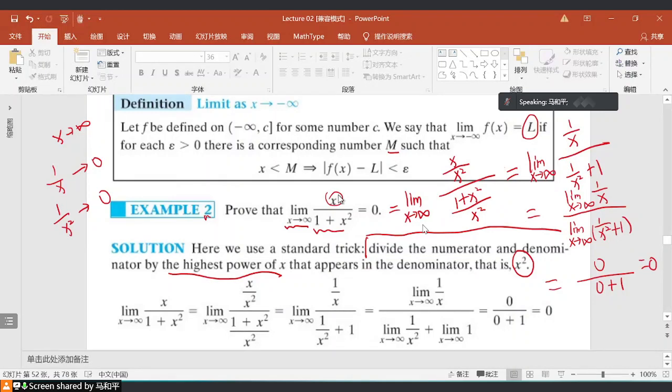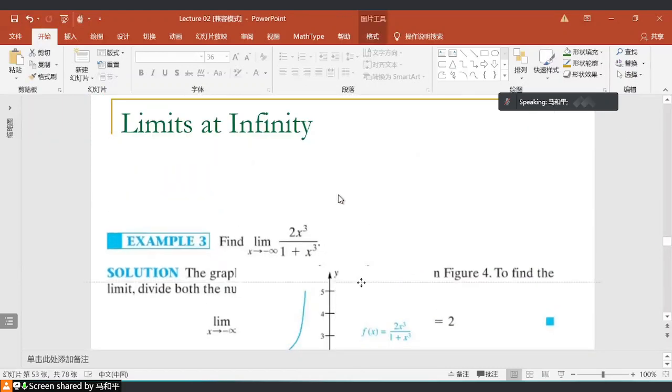If you find the highest power is x squared, just divide the numerator and the denominator by x squared. Do you know the meaning? No? Okay, maybe I will give you more exercises to understand it.